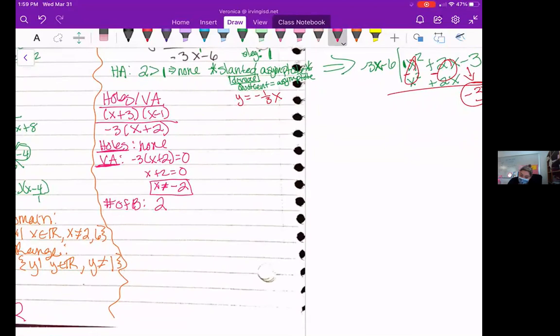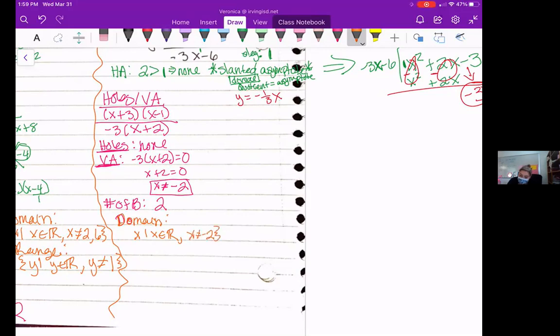So your domain, let me do this in a different color. Your domain is going to be x, where x is an element of all real numbers except your holes and your vertical asymptotes. We don't have holes, and my vertical asymptote is at negative 2.